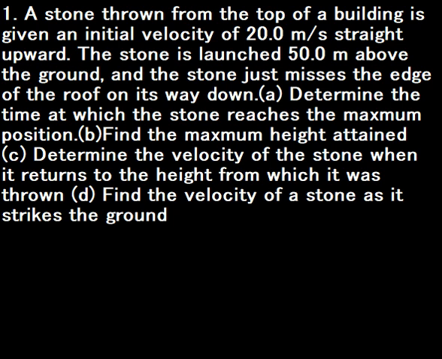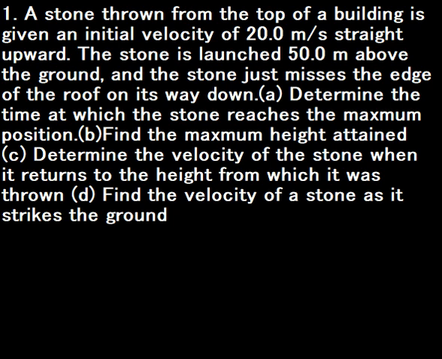So pay attention. Question A says a stone thrown from the top of a building is given an initial velocity of 20 meters per second straight upward. The stone is launched 50 meters above the ground. Which means this is a top-to-ground case where the object is released from the top of the building.